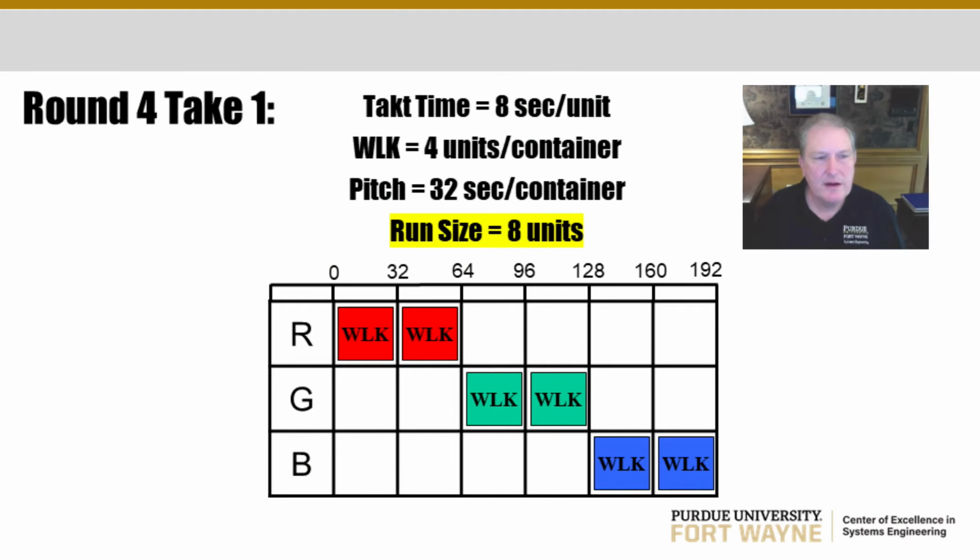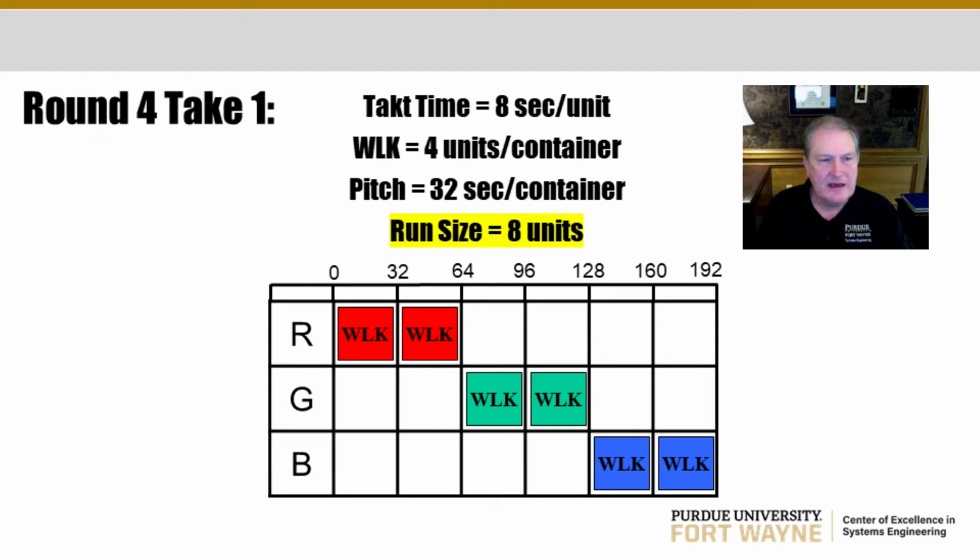Here we are illustrating a Heijunka box, and notice that each withdrawal Kanban card represents a container of 4 units. So by placing 2 Kanban cards in sequence of the same type, we now have a run size of 2 cards, container size of 4 equal 8 units.